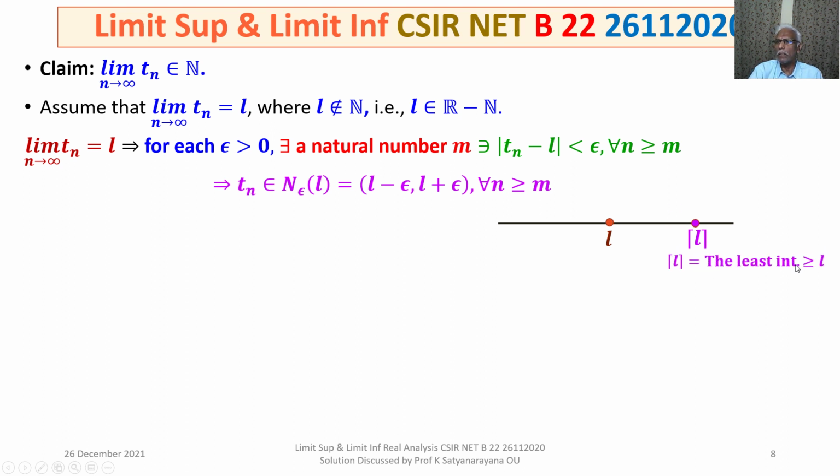It is the least integer greater than or equal to L. And note that no natural number lies between L, the real number, and the ceiling of L, because it is the least integer greater than or equal to L. And consider the floor of L. The floor of L is the greatest integer less than or equal to L. So between the floor of L and L, there is no natural number, and there are no integers, and thereby there are no natural numbers in our situation.